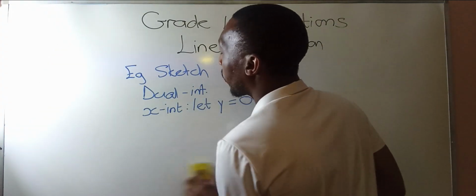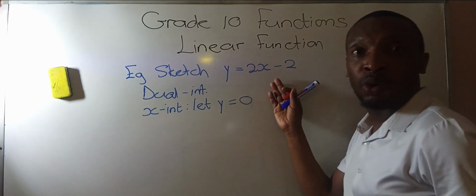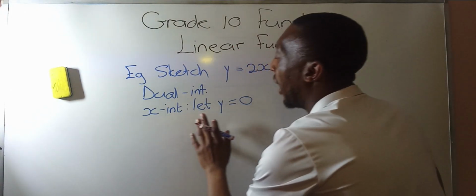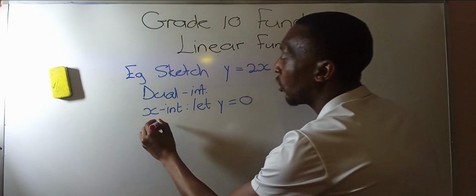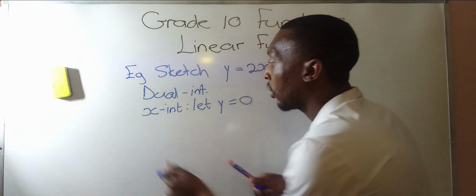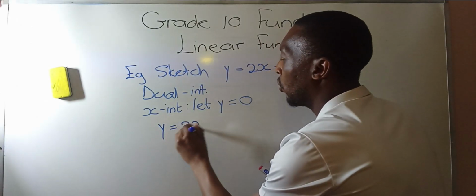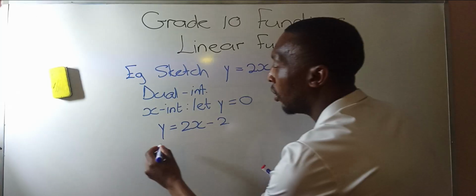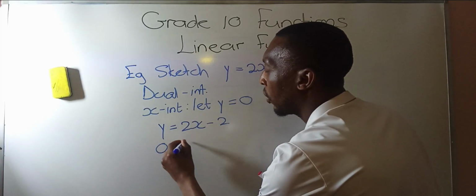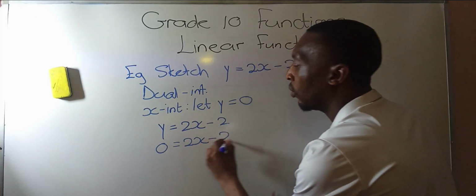Okay, so we go to our equation. And wherever we see a y, I'm going to put a naught, right? So remember, we have y is equal to 2x minus 2. I'm going to substitute this y with 0. So I will have 0 is equal to 2x minus 2.